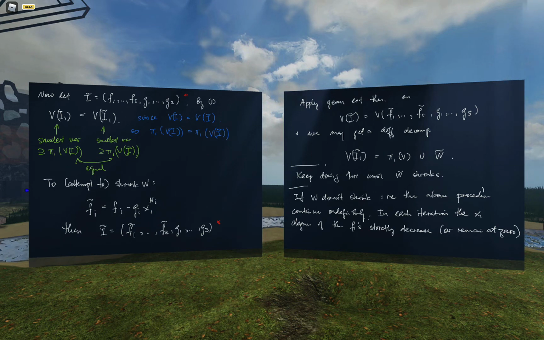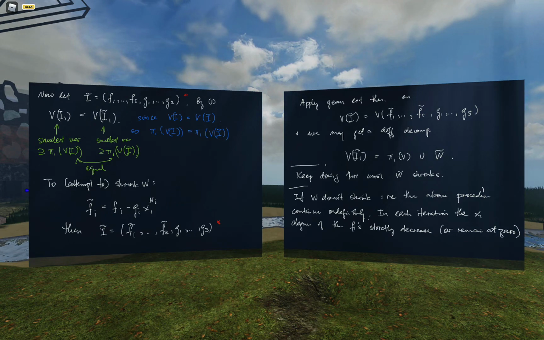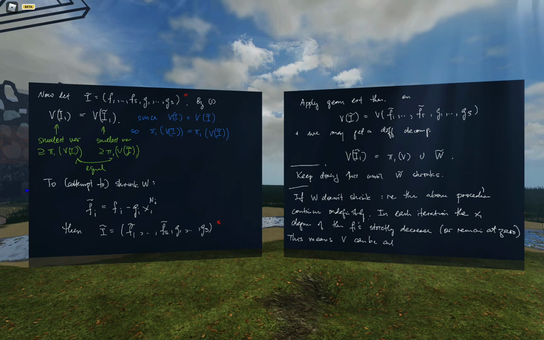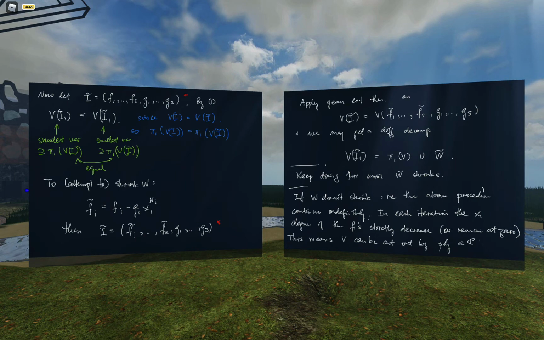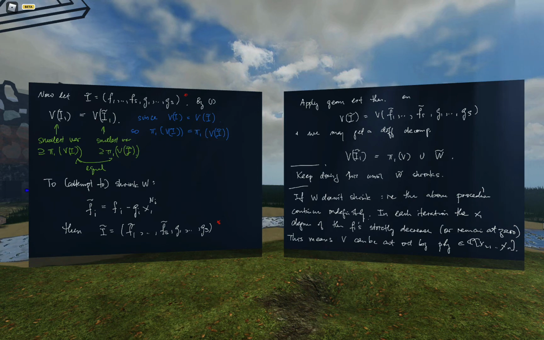So what this means is that if we get to the point of this continuing forever, the original polynomials were really in R1. So this means V can be cut out by polynomials in C[x2, ..., xn]. The original F1s to Fs that cut out V don't involve x1 at all.